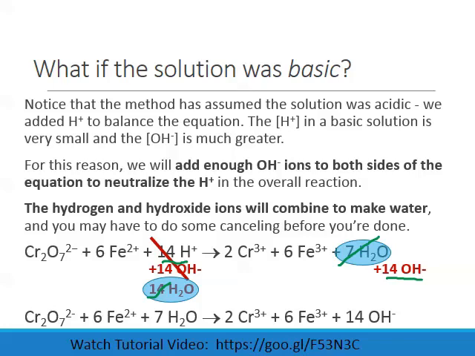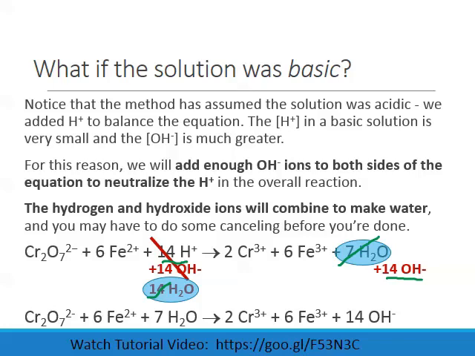Now it's important to note that redox reactions happen either in an acid solution or a basic solution. They don't happen in both. So a reaction would either be a reaction in acid solution or one in basic solution, and a question would tell you which.